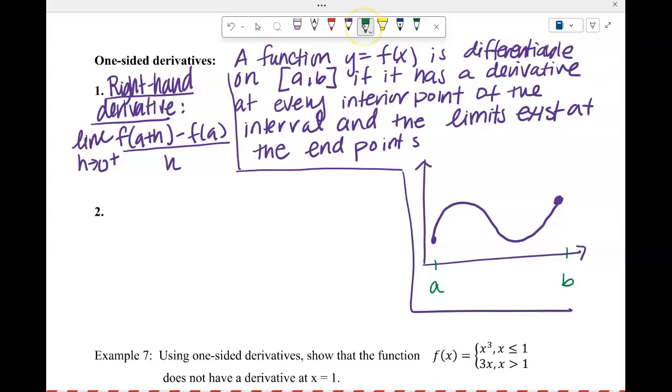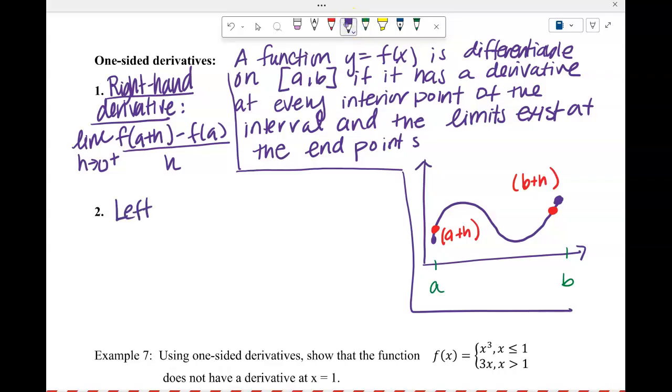Okay, so if a is there, let's use a different color. A little bit of distance, right? This could be called a plus h. Okay, and we want this h value to be super close to 0, right? Because we want this nearby point to be as close to a as possible. Similarly to this side, b is the endpoint on the right side, so we want this point to be b plus h. Okay, something super close to b, where h is approaching 0.